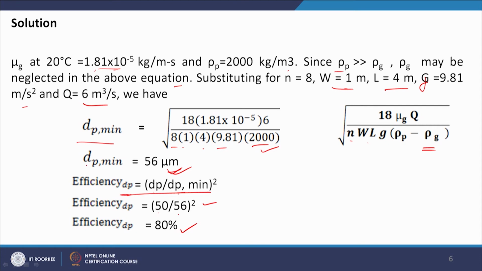For the minimum diameter particle size we will be getting 100% removal. Now, the diameter is less than this 56 micrometer, that is 50 micrometer. So, efficiency is 50 by 56 squared, into 100. So, 80% we are getting.